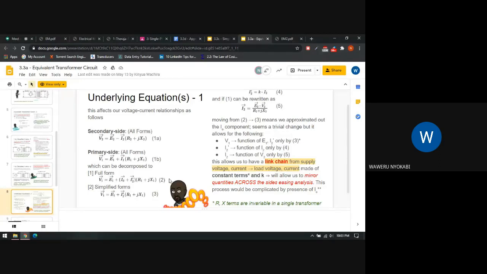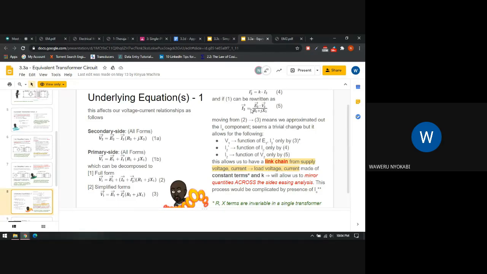V1 to E1, because, you remember that I2 prime is equal to K times I2. And you remember why I had said that initially, the whole MMF disturbance MMF. So because we have this, and from this secondary side equation, if we make I2 the subject of the formula, you get E2 minus V2 over R2 plus JX2.